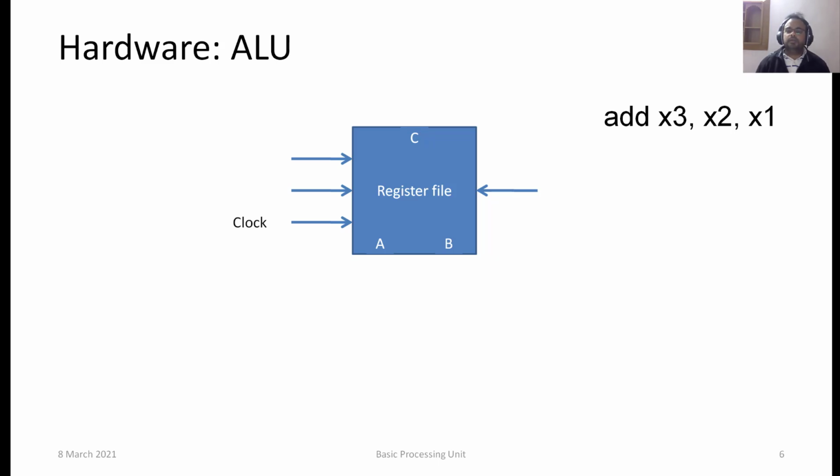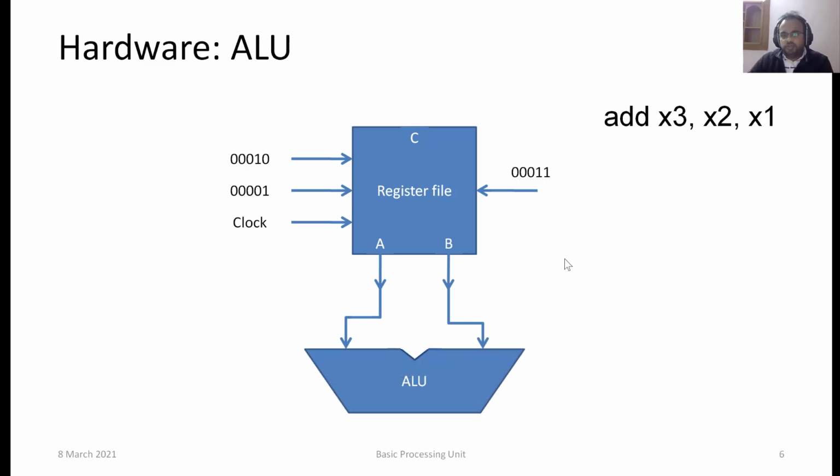So the addresses that we give to rs1, rs2 and rd would be as follows: x2 is rs1, so the 5-bit representation would be 00010, and for x1 it would be 00001, and for x3 it would be 00011. When the rs1 and rs2 addresses are given, we assume that the register file would give us the values that are stored in x2 and x1.